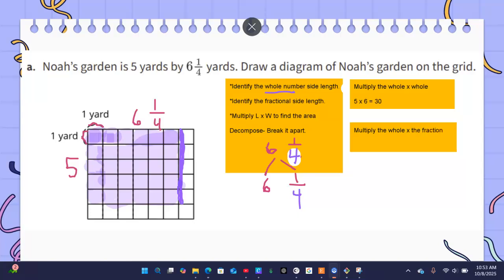So that's basically going to be 5 times 1/4, and that equals 5/4. I do want to write this vertically so that you can see it, but just know when you're typing on the computer, that's how it's going to appear. That's going to equal 5/4.